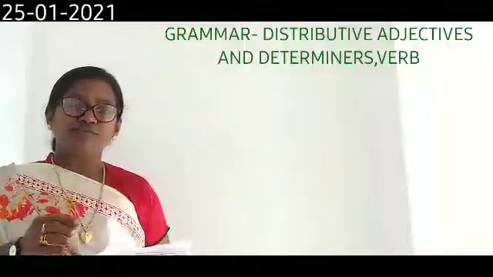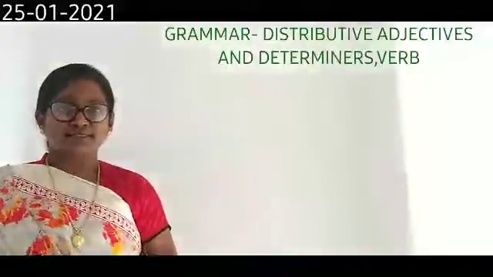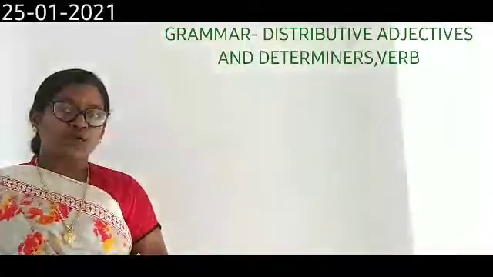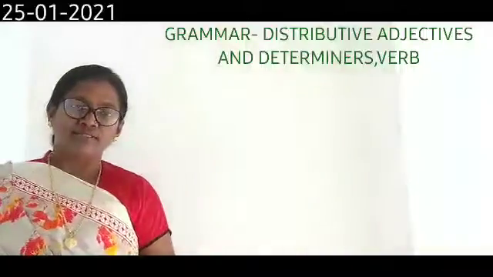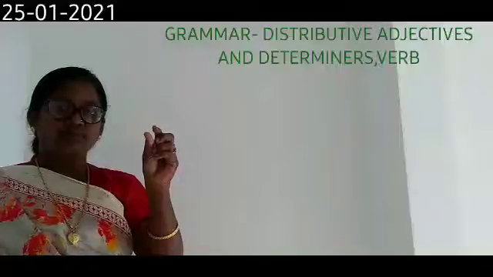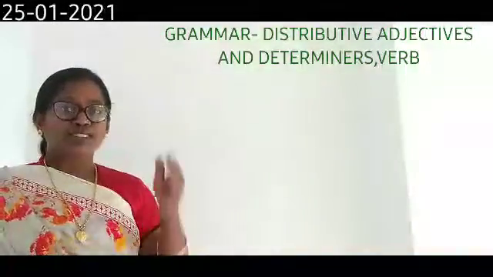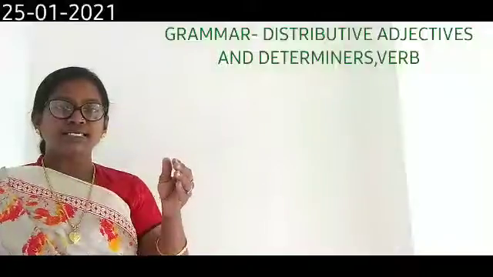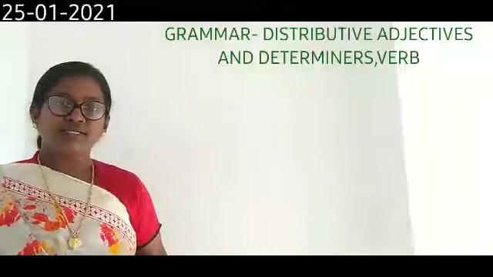In terms of parts of speech, we consider articles as adjectives. So articles, in other words, we can call them determiners because they determine a noun, especially the singular noun. Once again, articles in terms of parts of speech, we consider them as adjectives.